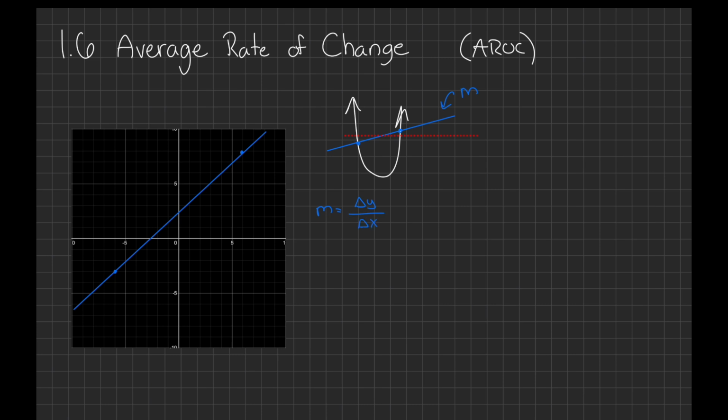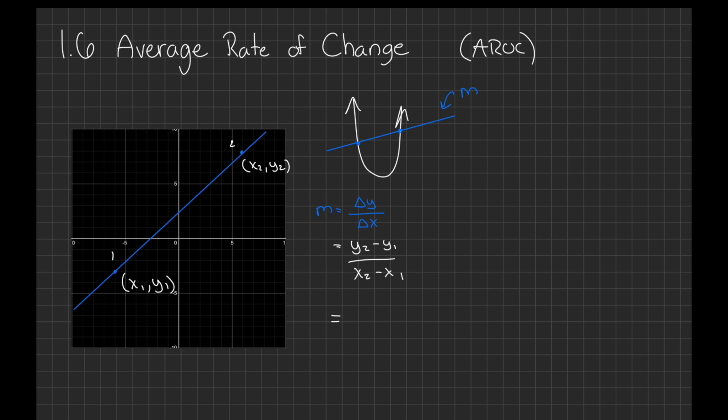We know that equation is also y2 minus y1 over x2 minus x1. For example, this is point 2, this is point 1, this is x2, y2, and this is x1, y1. Then we just plug those into the equation and solve it.